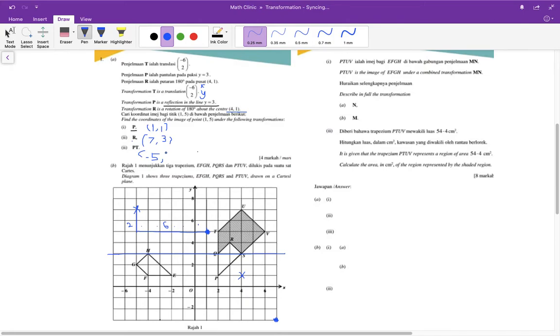Is it 7? Okay, it's 7. Okay, and then you draw an arrow out because you still have a transformation over here.